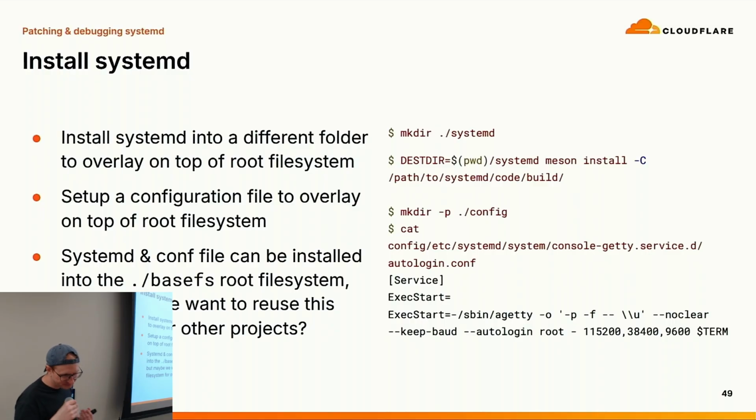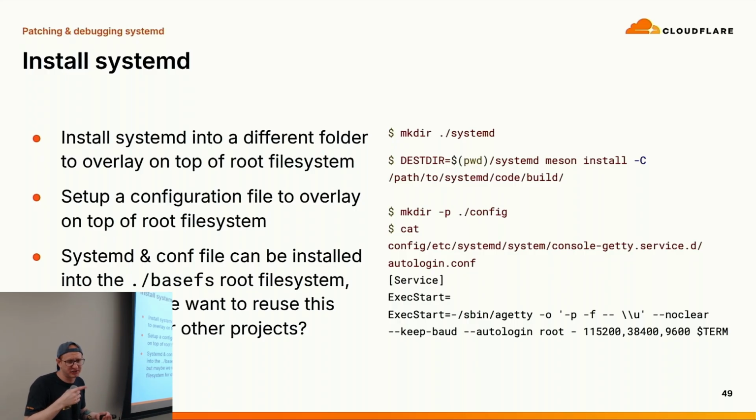So moving along, in order to further set this up, we need to have a build directory for systemd. After you've cloned the repository and done your changes, you need to then install it into a specific directory that you're going to run your new changes from, and you're going to create your own little config file system to set up some additional settings for the system when you actually boot into it.